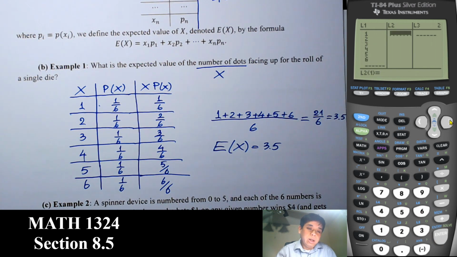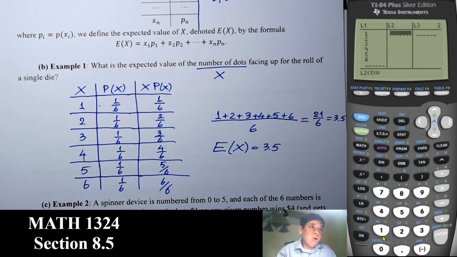Now for L2, enter 1 divided by 6, 1 divided by 6, and so on. Right, so we have that, and then just hit second mode to go back to the home screen. So we have list 1 and list 2.